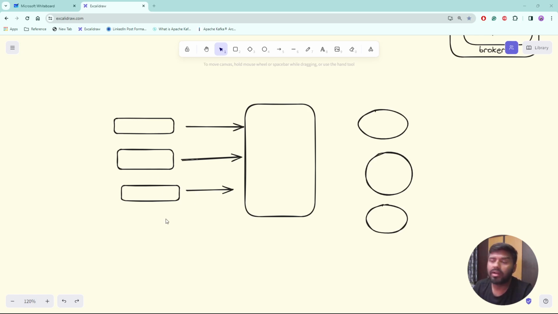Anyways, what I was talking about: say for example, I have multiple producers, and these producers are producing certain records that go into my Kafka cluster, and I also have multiple consumers, right? Each and every consumer would like to get records from Kafka. Try to think from that perspective, if this is realistic, and that's actually how Kafka works in projects.